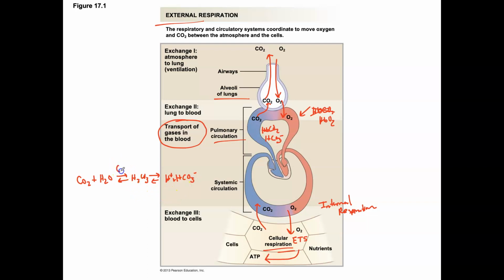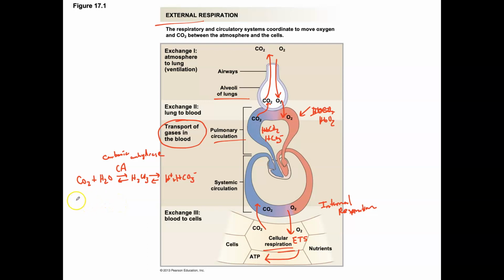This is an enzymatically catalyzed reaction. The enzyme is called carbonic anhydrase. And if you understand this equation, you can understand how the respiratory system influences your pH balance.